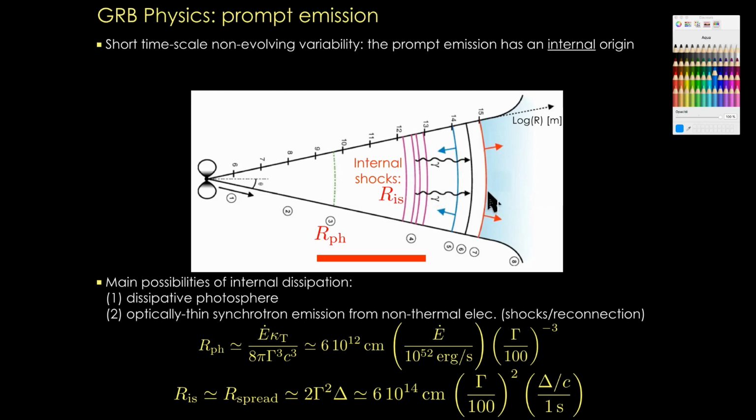And then, of course, if the deceleration starts very early, it can affect the internal dissipation mechanism, either the internal shocks or reconnection. If you prefer reconnection models, it means you assume high magnetization, and then probably the reverse shock won't propagate. If you prefer internal shocks, it means you assume a low magnetization, and then the reverse shock can propagate and interact with internal shocks.